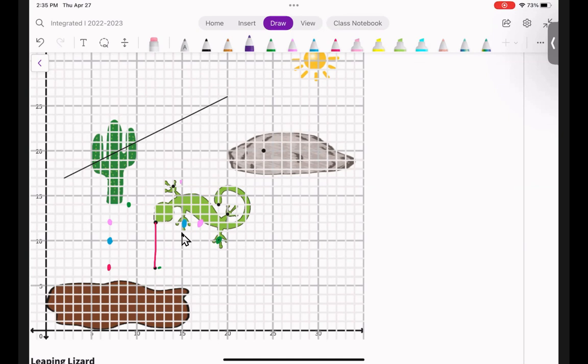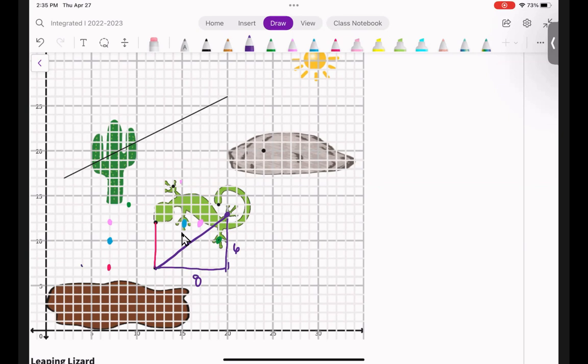So here I have this blue guy here. Let's see, this goes down 3, 6. This is 6, and this is 8. So now I'm going to go 8 this way. 1, 2, 3, 4, 5, 6, 7, 8.